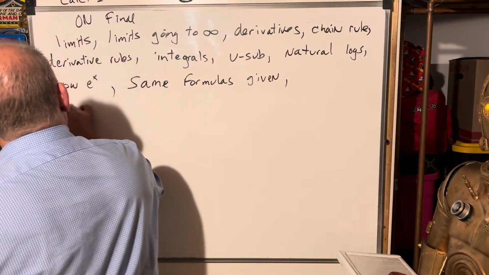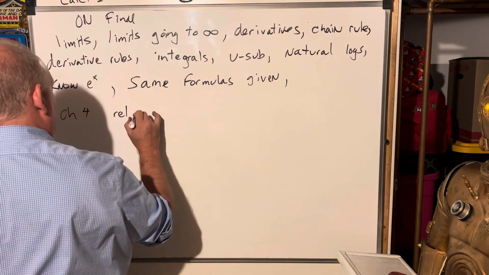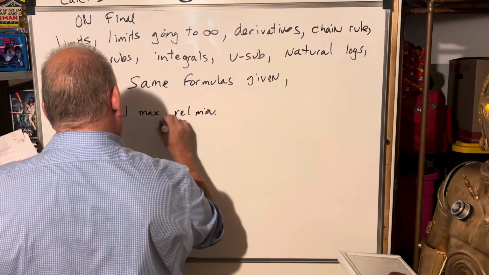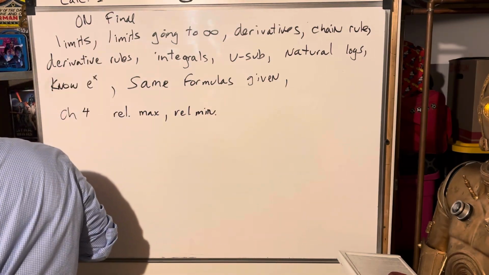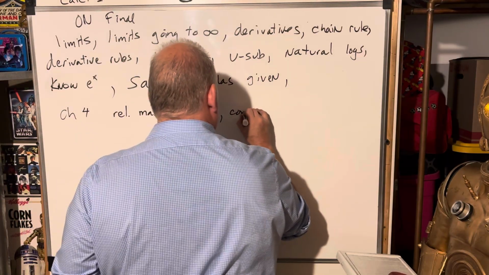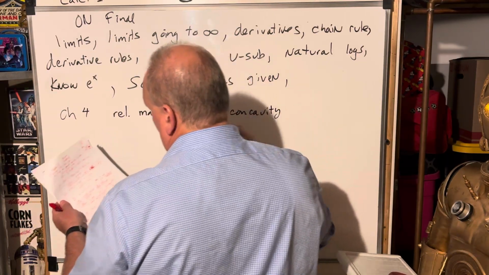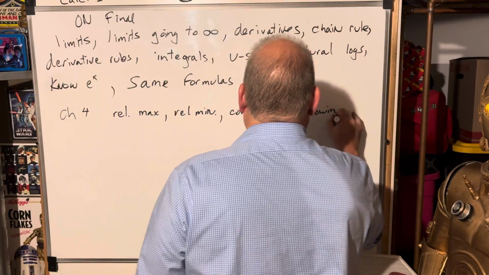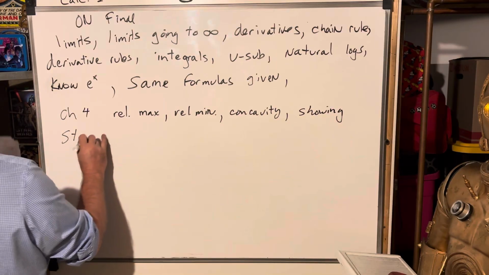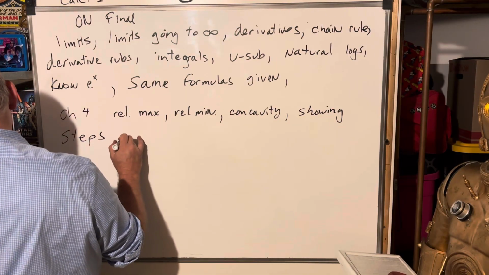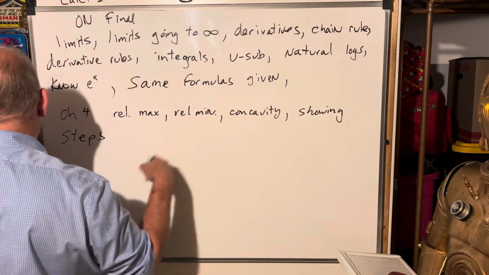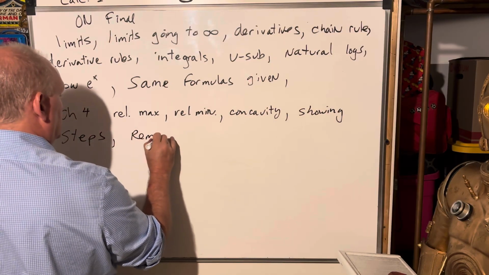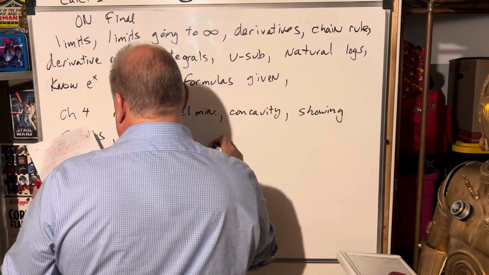Remember from chapter 4, relative max, relative min, the extrema, right? Concavity, and showing the steps for that, to know if it's a max or a min. Know about removable discontinuity.